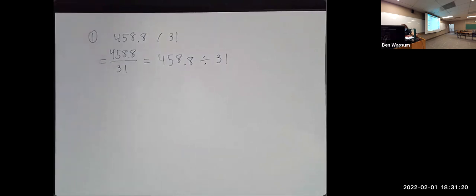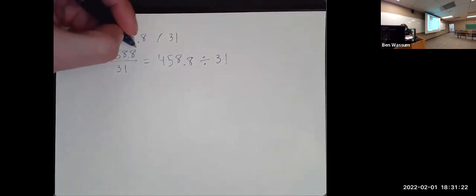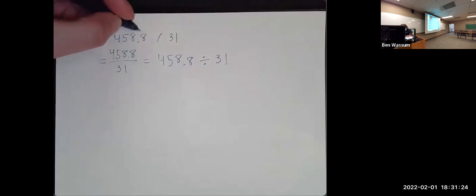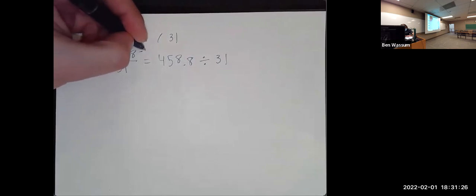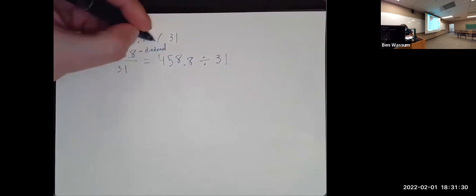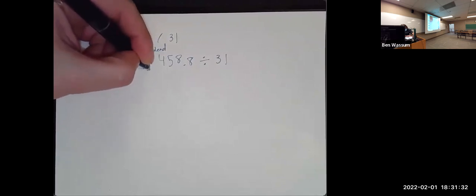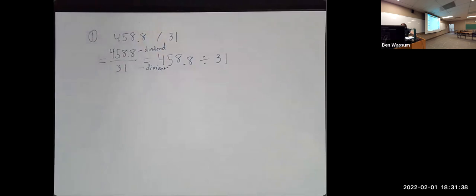So remember, the top part, or the first part, is the dividend, and the bottom part is the divisor. You might say, do I really need to remember that? I didn't. I have a degree in this.